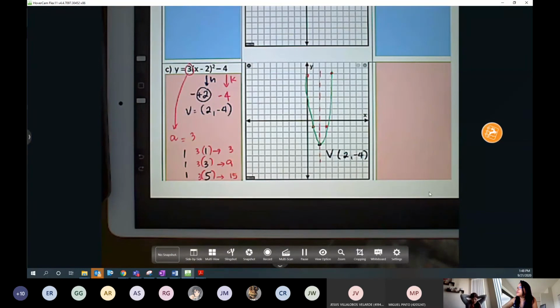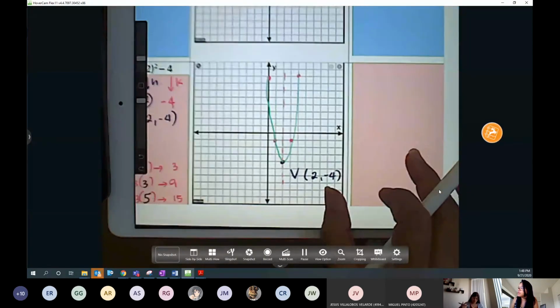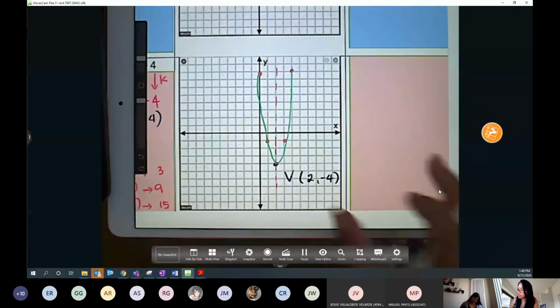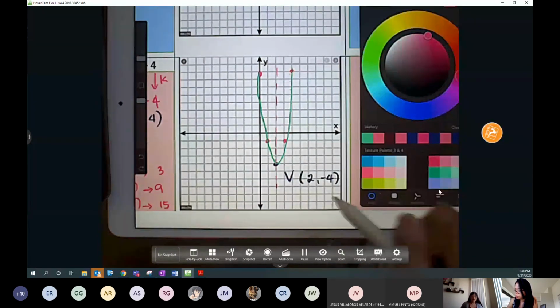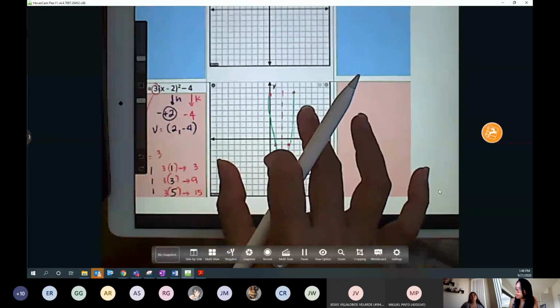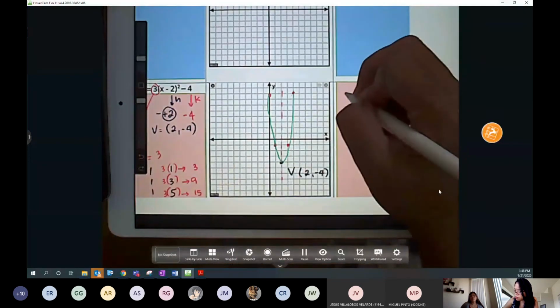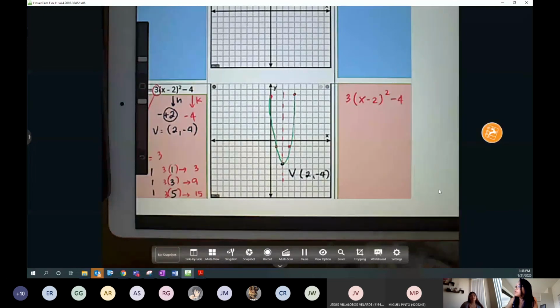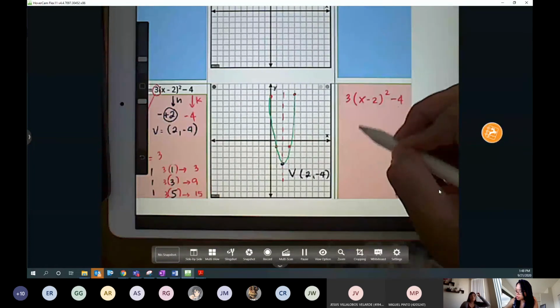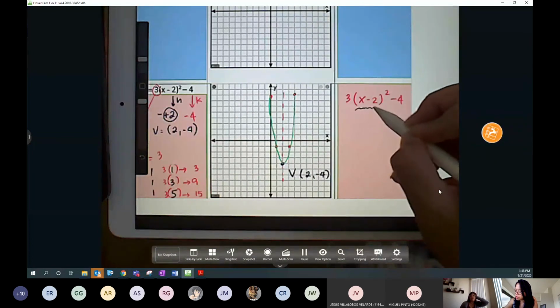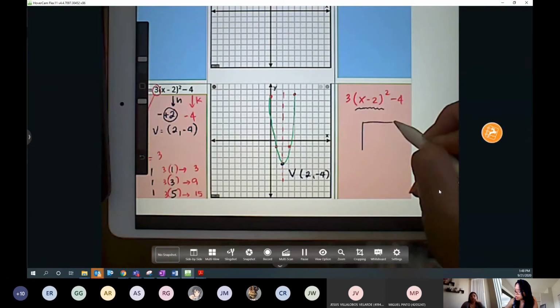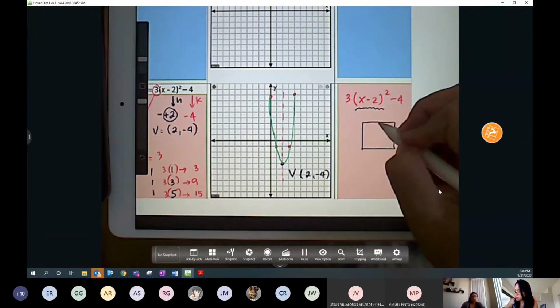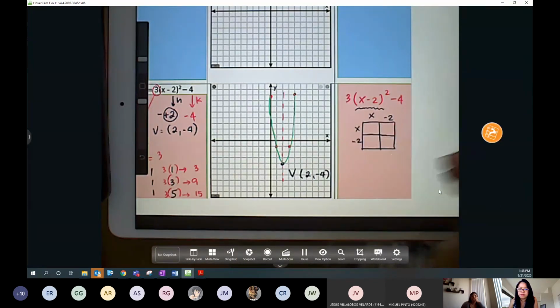All right, so now we're gonna convert. Okay, to convert, we always get our form that we need to convert from. So 3(x - 2)² - 4. All right, so do this first: x minus 2 and x minus 2.